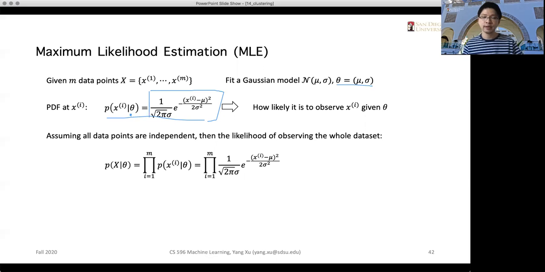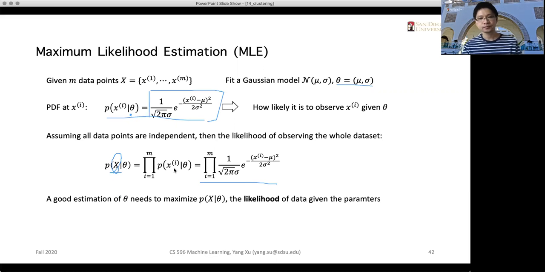Now we can use the product operator to write down the likelihood of the whole data set, which is capitalized X, as the product over all the data points within the data set.